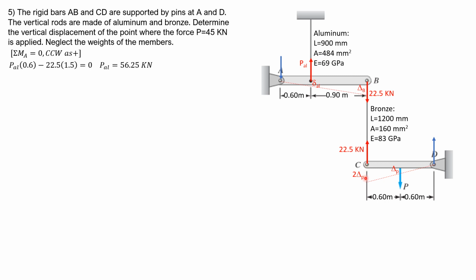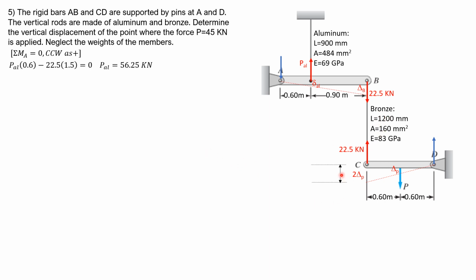Then this 2 times delta P should be equal to delta B plus, because this bronze bar will also deflect downward, there is also a downward deformation. Then this 2 times delta P should be equal to delta B plus the downward deflection of this bronze bar here.